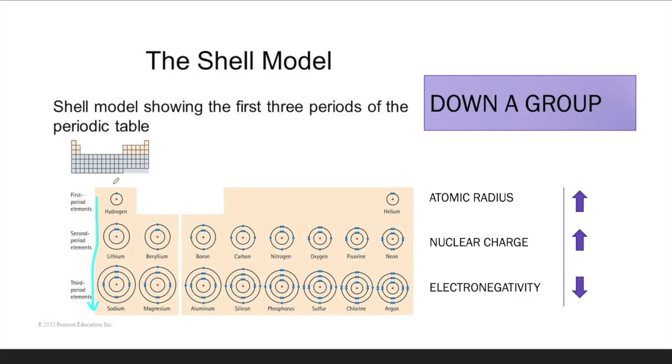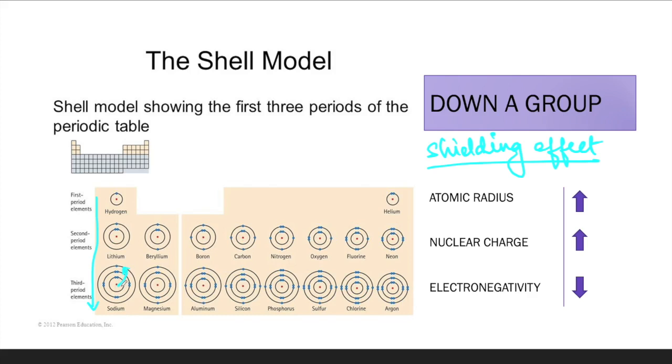Similarly, as we go down the group, what we observe is that the number of energy shells increases by 1, right? Because of which we see that the atomic radius increases. The nuclear charge definitely increases as we go down, but due to the shielding effect of the electrons, although the number of protons increases, it does not have much effect on the outermost valence electron.